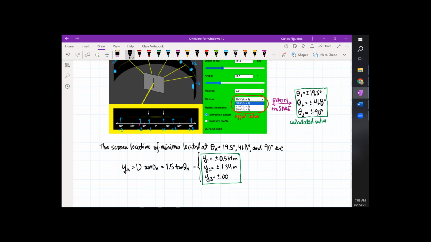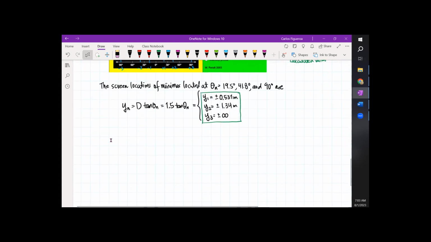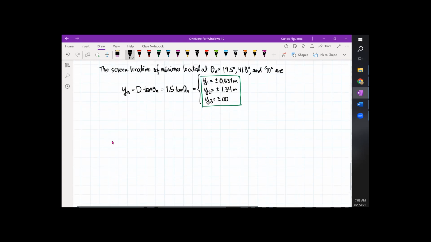Now the infinity distance might surprise some of you. Well, let's go look at what we mean by it. So y of 3 is equal to plus or minus infinity.